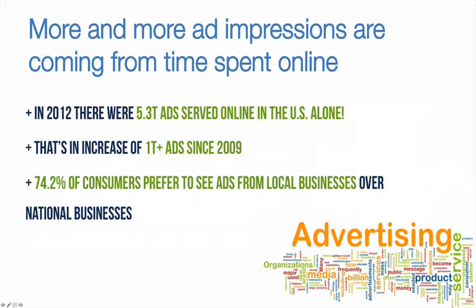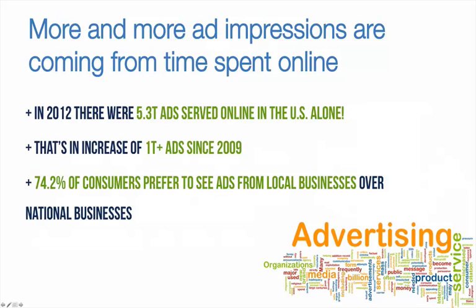It used to be that we got the far majority of our advertising from watching television shows and watching the television live. That is starting to shift to people getting their advertising through their computer screens and through their mobile devices. Obviously, we're all aware of the shift from print reading, newspaper reading that has taken place, and people now getting their news from their digital devices, whether that's computers or mobile devices.